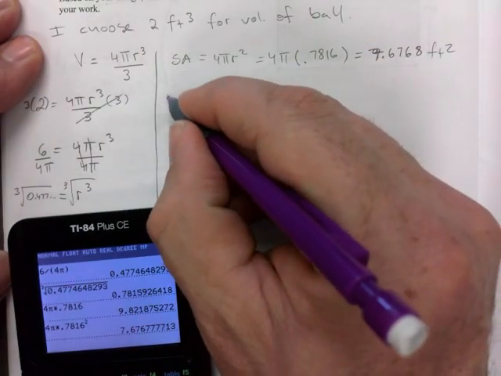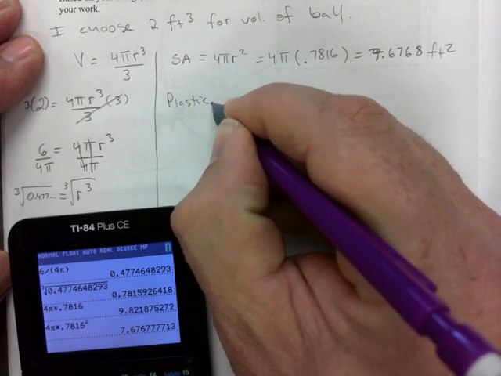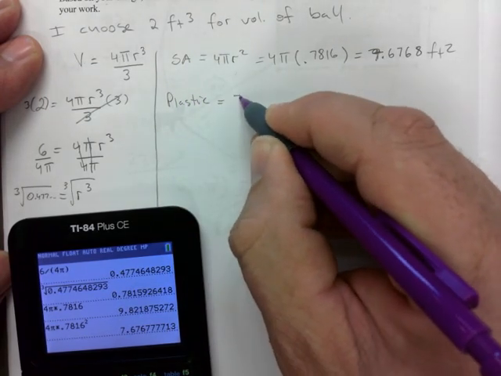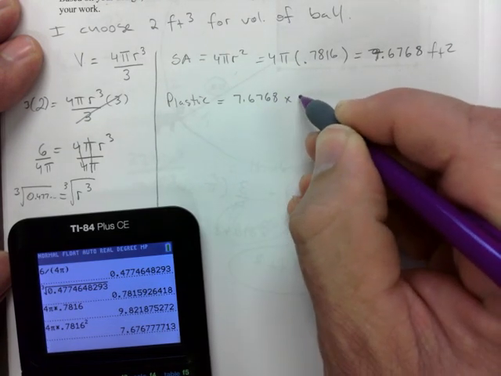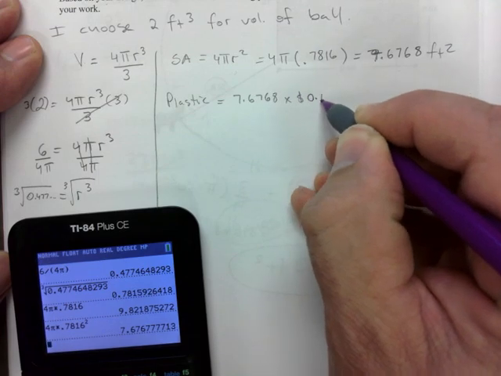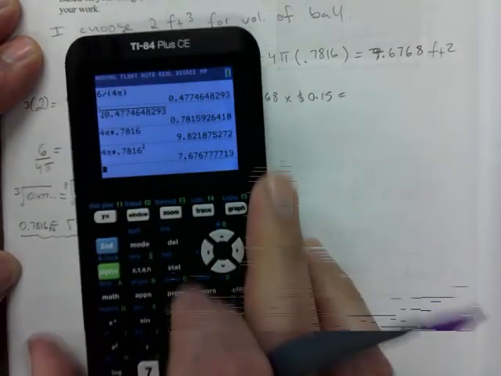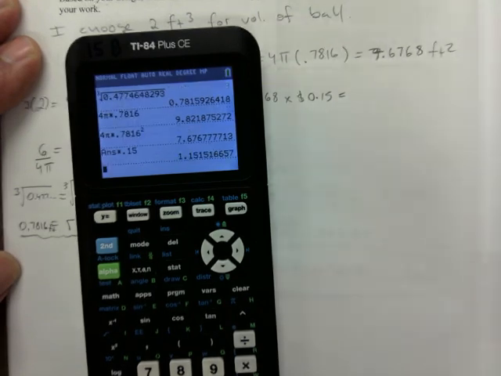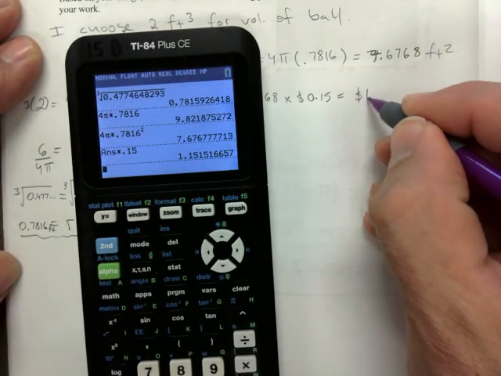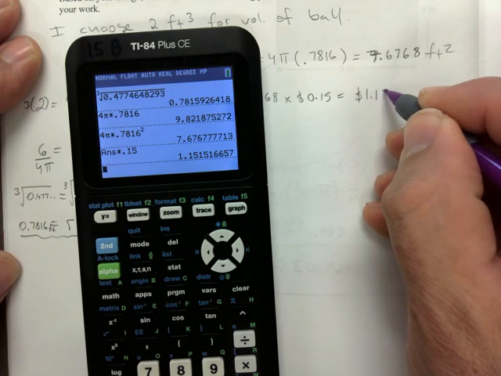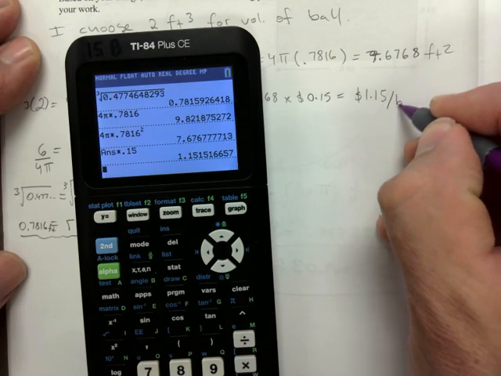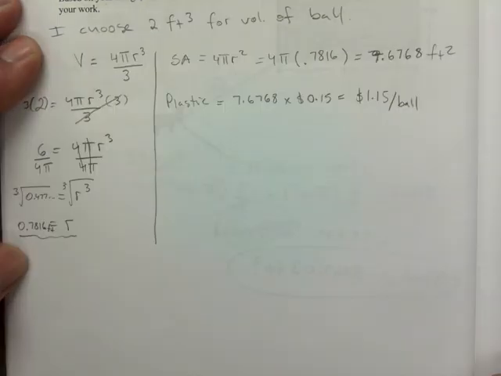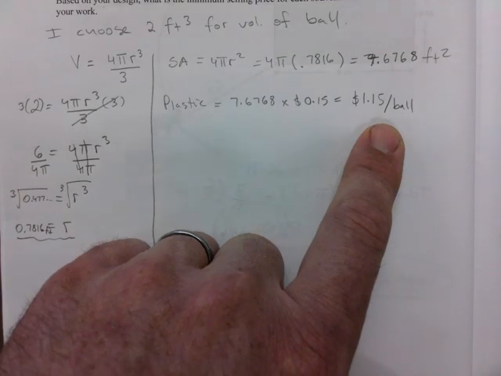So plastic needed, right? I would just go 7.6768 times the 15 cents. And so that would be $1.15 per ball that I will have to pay to make it.